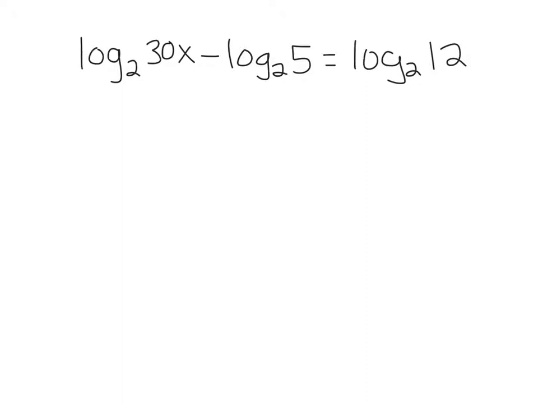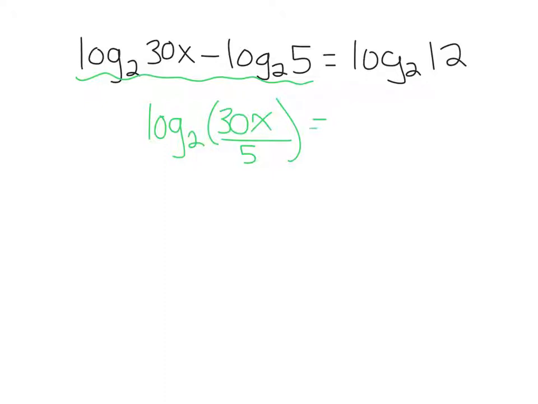Okay, so we got log base 2 of 30x minus log base 2 of 5 equals log base 2 of 12. Okay, so plan. I'm thinking I'm going to use my law of logs to combine these two for starters, because I know they both have the same base, so I can write it as log base 2 of 30x divided by 5 equals log base 2 of 12.